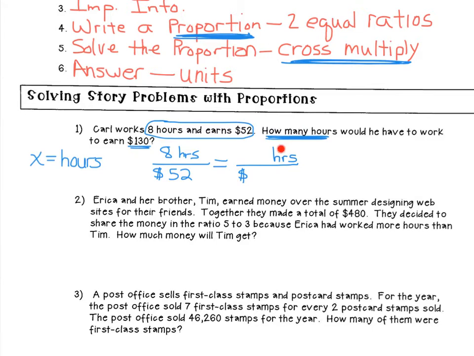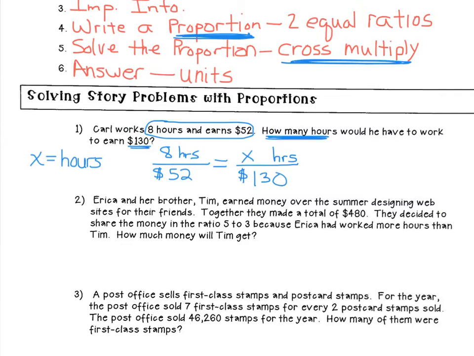Okay, now, fill in. Well, this has to be hours. I don't know how many hours, so now I use X. I don't know how many hours it's going to take to make $130. Alright? So I know it takes 8 hours for $52. I don't know how many hours for $130. Alright, that's the tough part, the proportion. The next steps should be fairly easy.